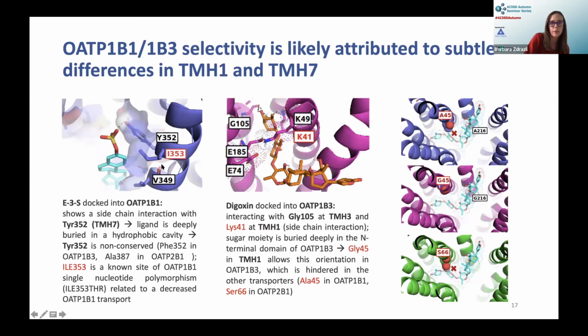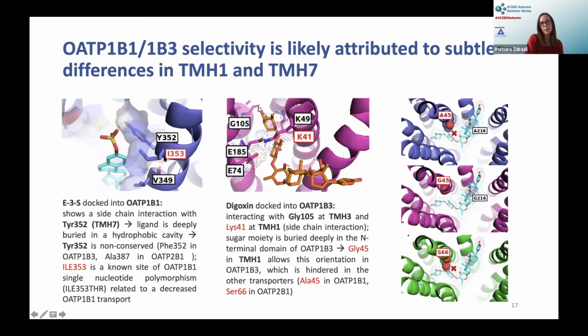So for instance, on the left-hand side, estrone 3-sulfate seems to be an OATP-1B1 selective ligand. And we think we have potentially found an explanation why this is the case. On one hand, it's binding to this tyrosine here in transmembrane helix 7, and it binds in a way that it's really buried in a hydrophobic cavity down here.